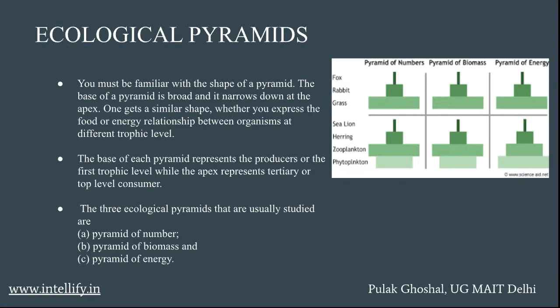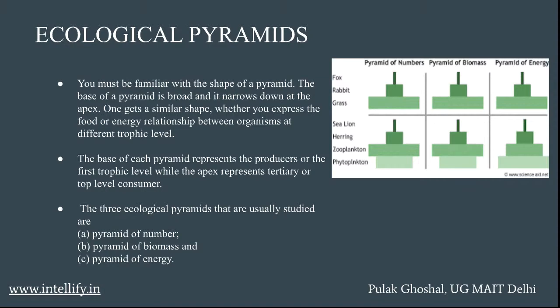Here you can also see that the pyramid of number and pyramid of biomass can both be inverted as well. That is, the level at the bottom can have a small value, while in the pyramid of energy you will always see that the energy at the bottom is higher than the one above.